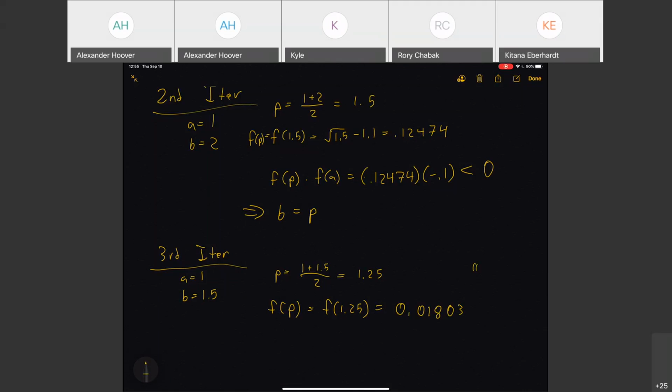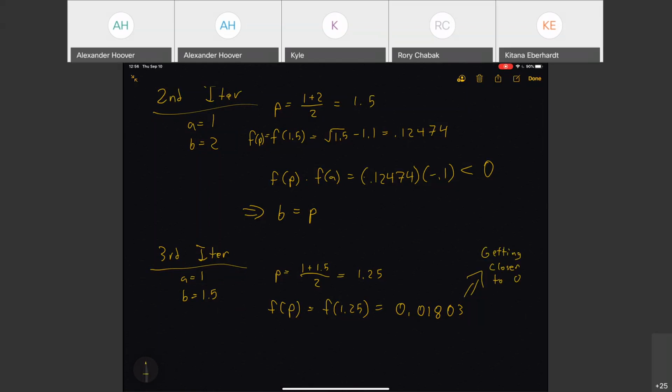One thing to note is that we're getting closer, right? What I mean by that is that we're getting closer and closer to the root, right?